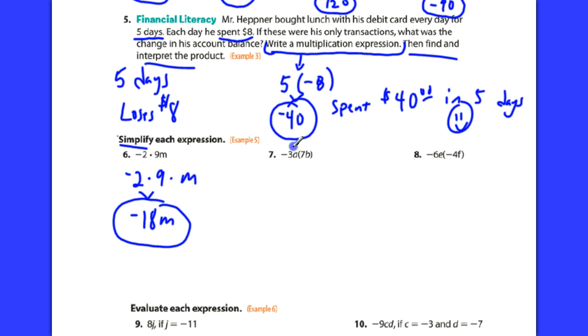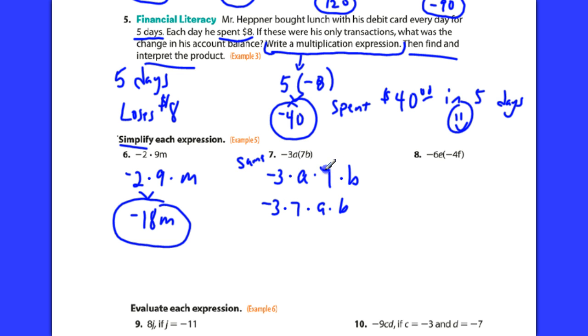Take a look at 7. Negative 3 times a times 7 times b. All this means is you have those four things multiplied. Negative 3 dot a, because it's times a, dot 7 dot b. That's the same thing. So we can do the commutative property and write it like this.